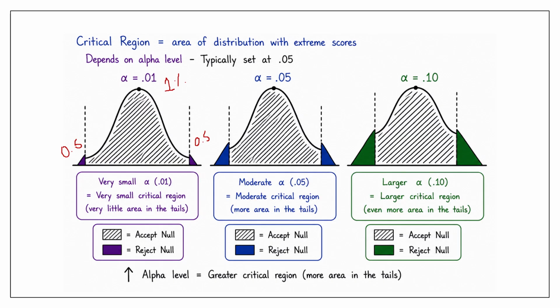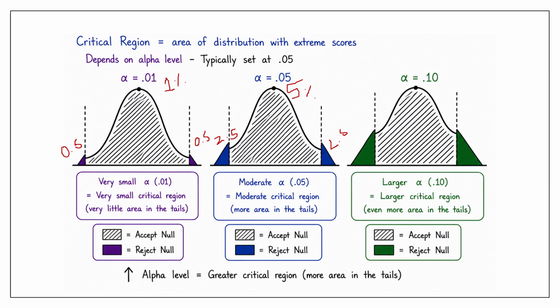Then in the middle one, we have an alpha of 0.05. This is typically what we use as behavioral scientists. And this is equivalent to 5% of the scores. So only 5% of the scores is what we consider extreme. And here we will have 2.5% on this end, and then 2.5% on the other end.